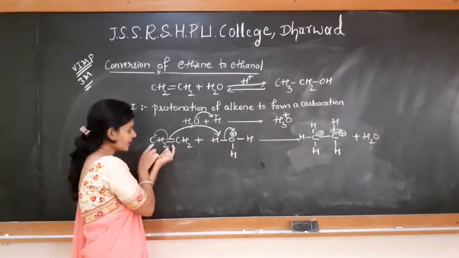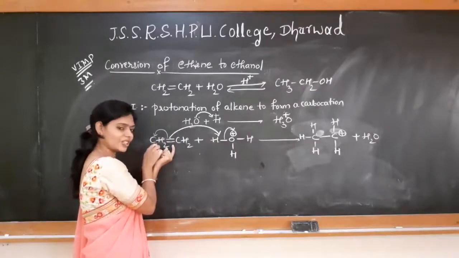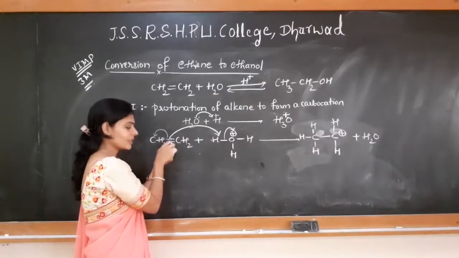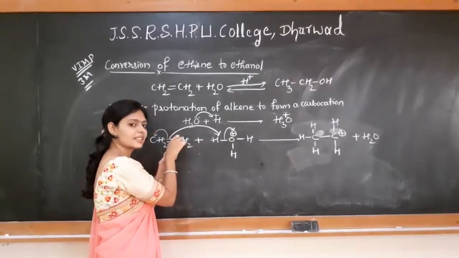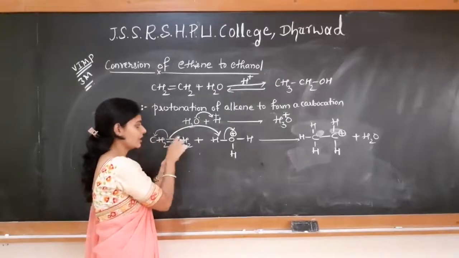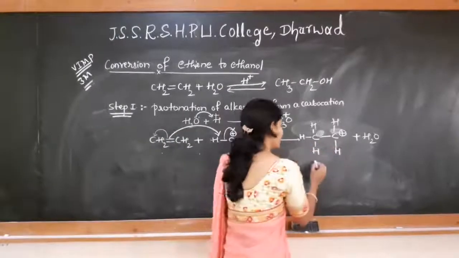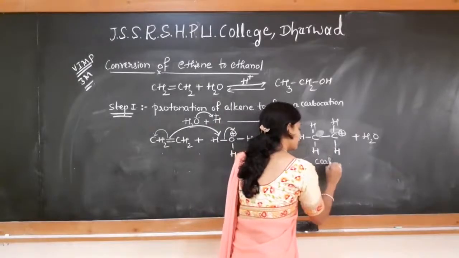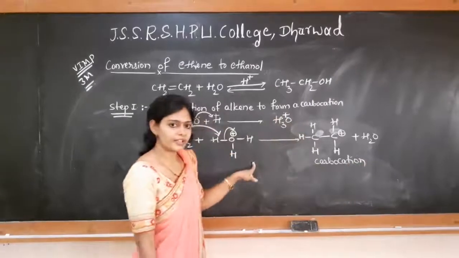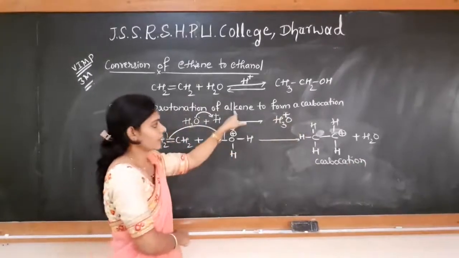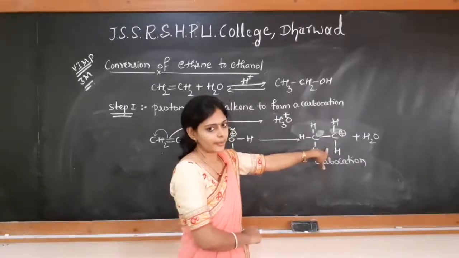H plus goes and attacks this carbon because the electron density is more on this carbon. So it becomes CH3. Now this pi bond is converted to a single bond and now we have positive charge on this carbon as electrons are shifted here. So it carries positive charge. So like this there is a formation of a carbocation. It is an intermediate carbocation. This is the first step, that is, protonation of an alkene to form a carbocation is the first step in the mechanism.